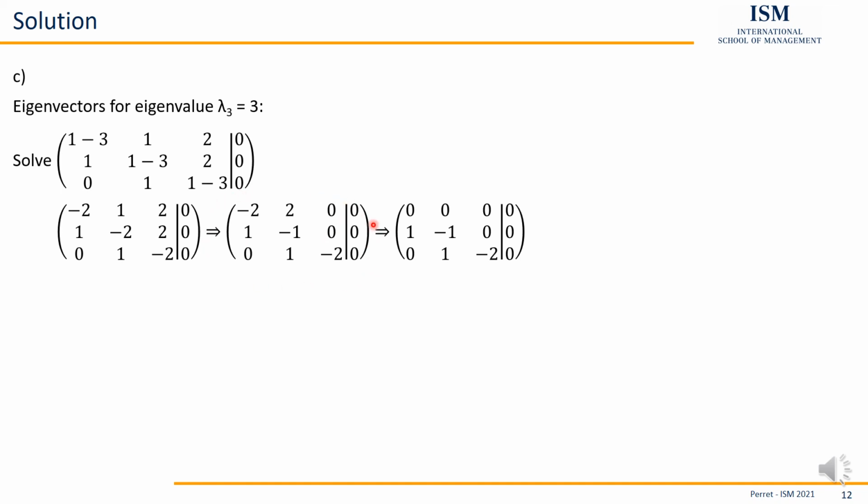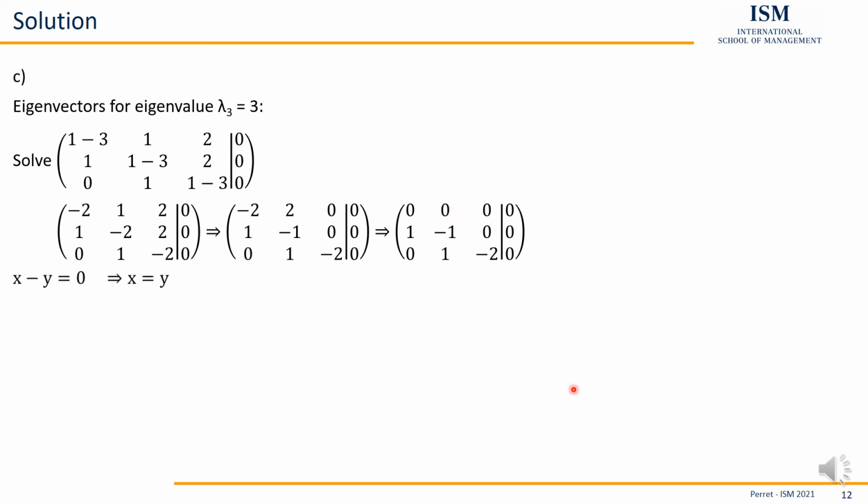And then, if we look closely, we see that the first row is a multiple of the second row. So if we add the second twice to the first, this will result in this part here. Now we cannot simplify this anymore. We have one row with only zeros, meaning we get one eigenvector.